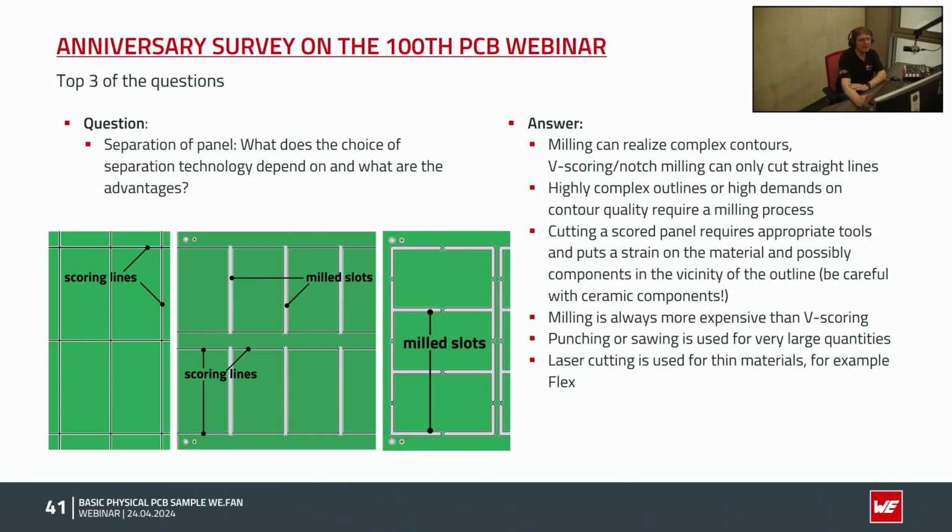On the other hand, cutting of a scored panel requires appropriate tools and puts a strain on the material and possibly on components which are located very near to the outline. So care for that, especially with ceramic components.